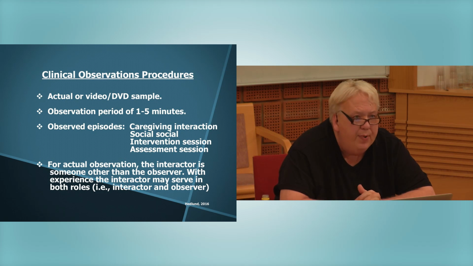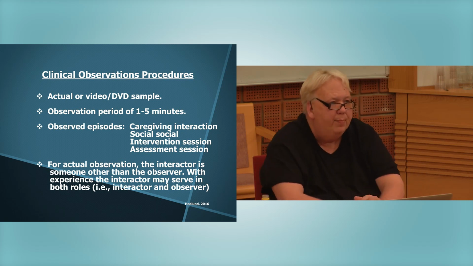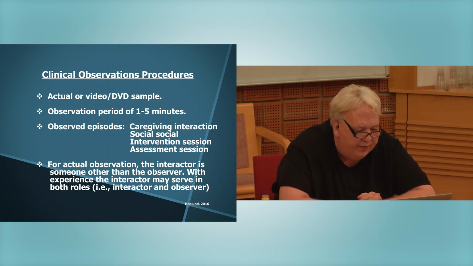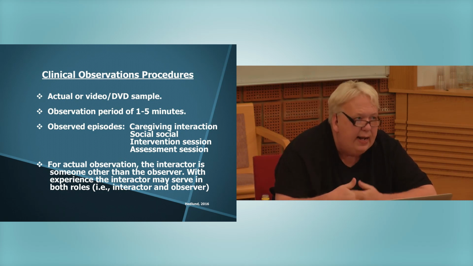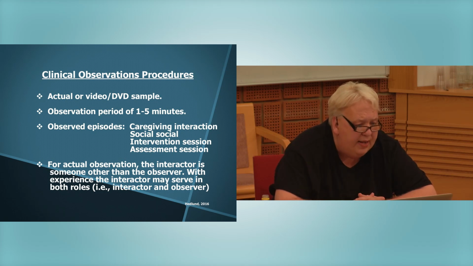Observation period tends to be 1 to 5 minutes, and observed episodes include caregiving interaction, social interaction, intervention session, or an assessment session. And for actual observation, the interaction is usually conducted by someone other than the observer. But this changes as you get more and more familiar with the use of the IBA.